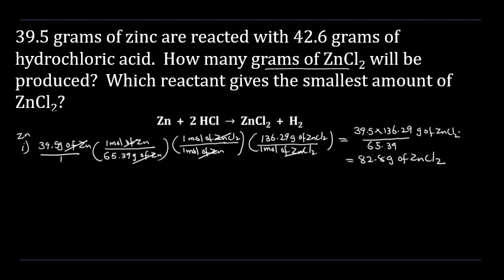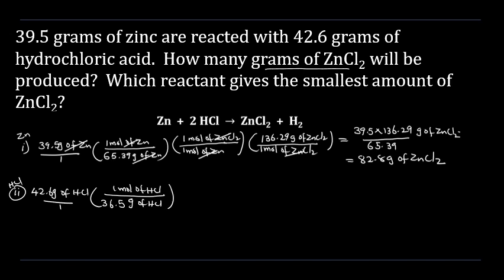For HCl, we have 42.6 grams of HCl. Convert it into moles. When you take the molar mass from the periodic table, we get 36.5 for HCl in 1 mole.